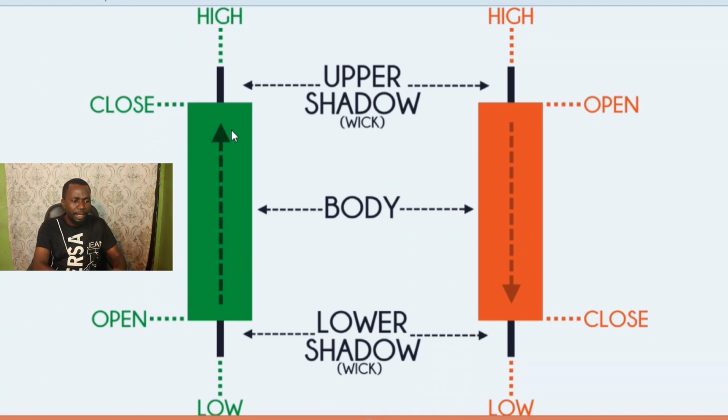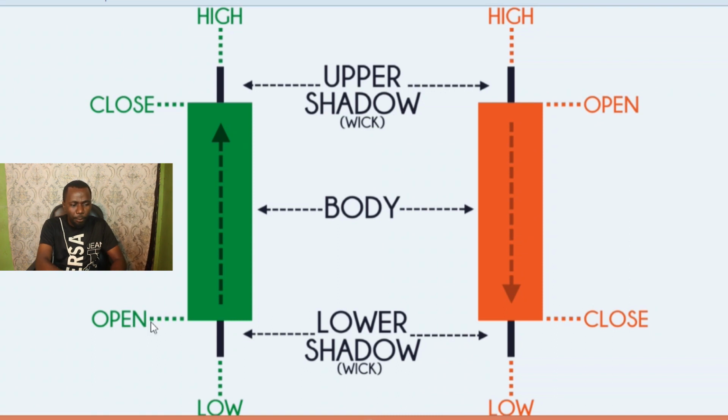Now the market opens from here. If it's an uptrend, if the candlestick is bullish, the market opens from below, which is here, and closes above, which is here. The highest point of the market is the high. This is the high where the market reached, and this is the low where the market reached.